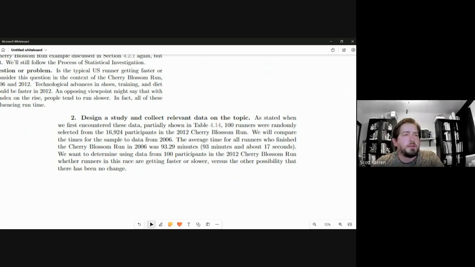We have 100 runners randomly selected. So right off the bat, I identify n equals 100. These runners were randomly selected from the 16,924 participants in the 2012 Cherry Blossom Run.